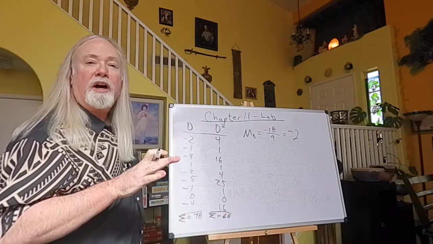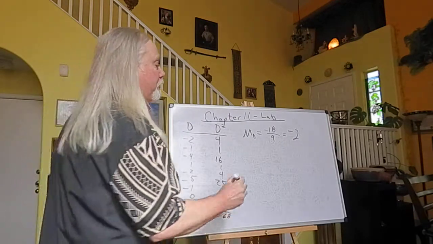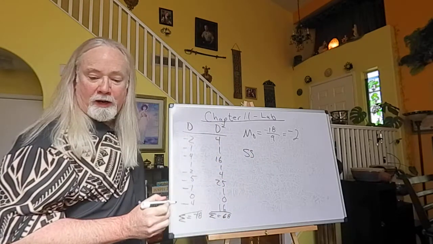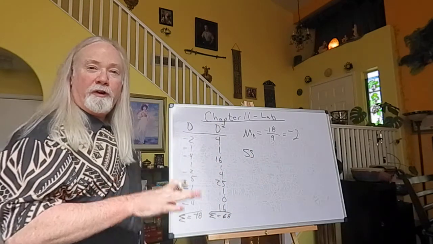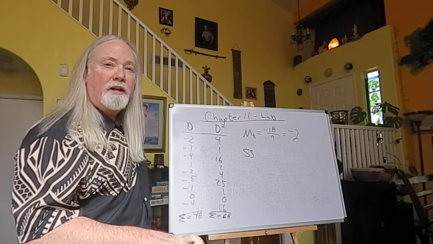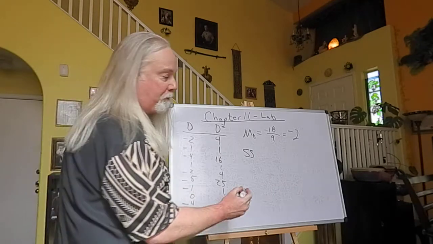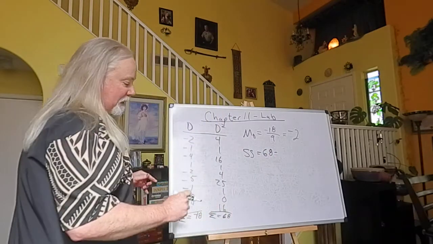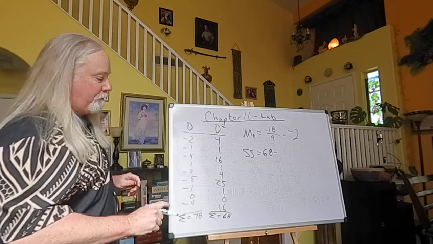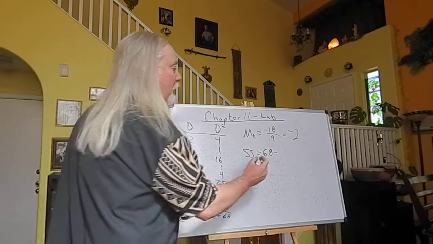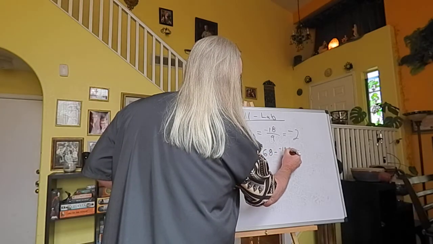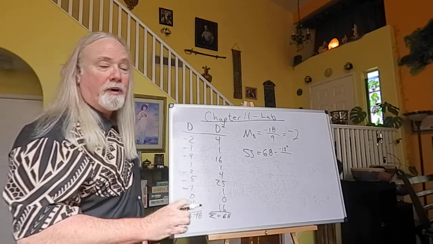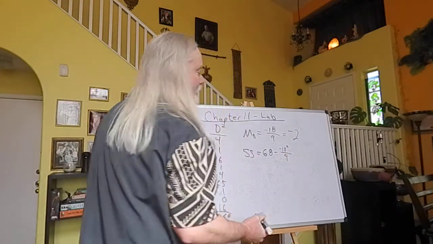And then we also need our sums of squares to put in the formula. Here we need to know that first the sum of squared difference scores was 68, and then the sum of difference scores, squared, over, again, the number of difference scores, 9.